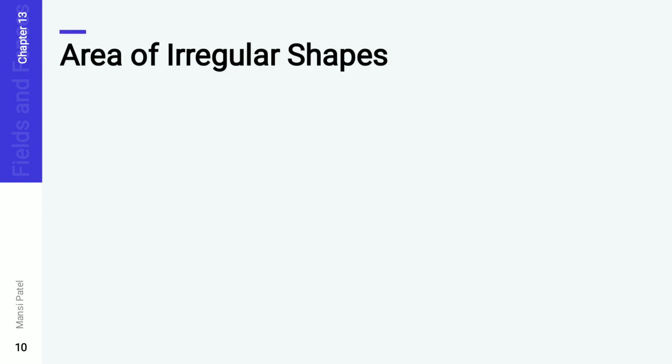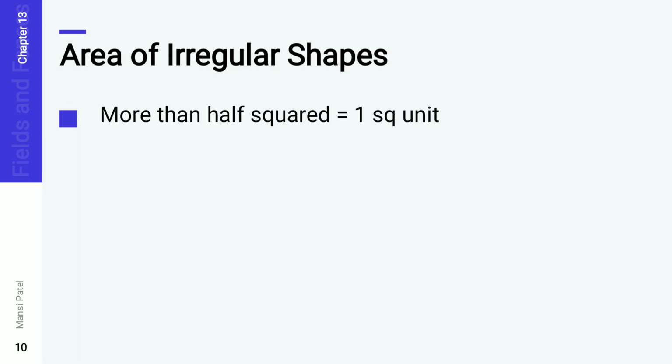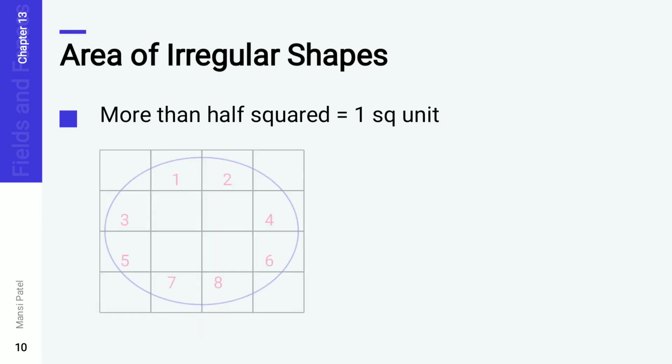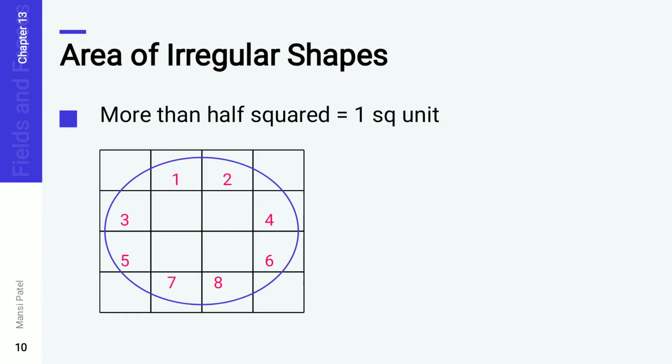Now, another rule. The second rule is that if any shape occupies more than half a square, then you have to consider it as 1 square unit. See in this figure, in this square grid, there is one circle, and in some of the boxes it occupies more than half a square.